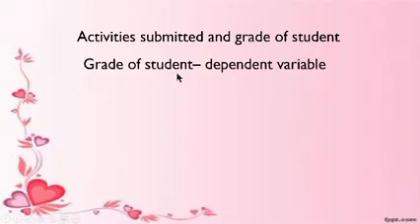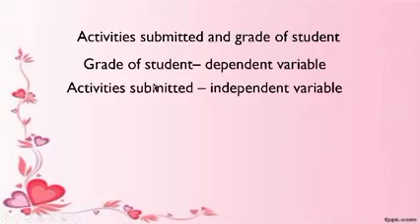Kasi 'di ba yung grade ng student ay nakadepende sa kung gaano karami or kung nagpasa ba siya ng mga activities. Doon siya nakadepende. Kaya siya yung dependent variable. At yung activity submitted naman, siya naman po ngayon yung tinatawag nating independent variable. Kasi kung gaano karami yung sinubmit, siya yung nagdidikta, siya yung nagko-control sa magiging grade ng student.